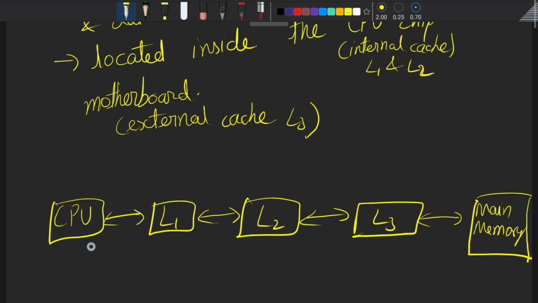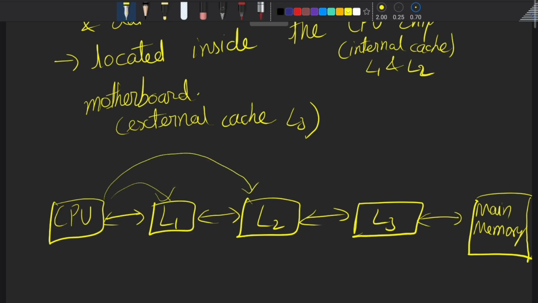So these L1, L2 and L3 are different levels of cache memory. When the CPU has to look for any instruction or information, it first goes to L1, that is level 1 of cache memory. It is the fastest of all three. If it doesn't find the required instruction or information, then it goes to L2.